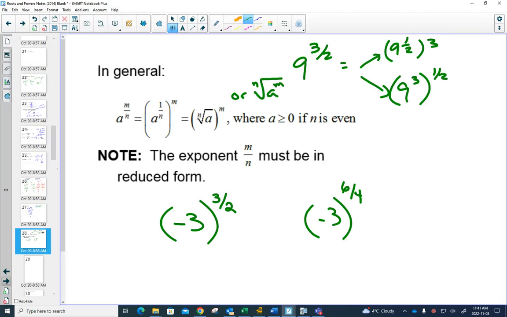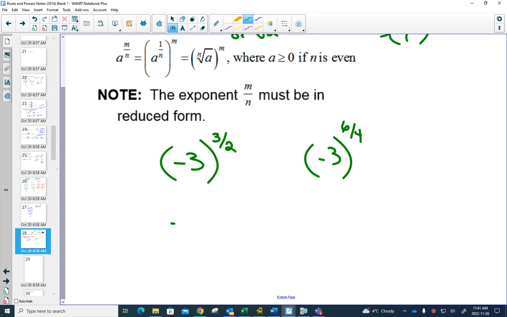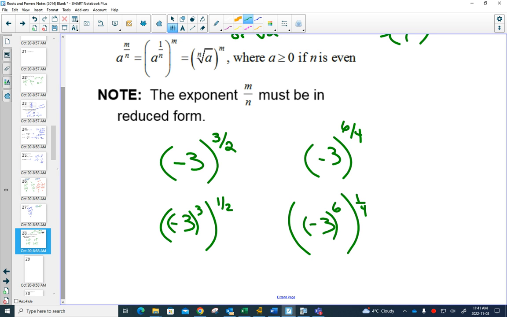Then, if they're the same, would you agree that if I did this, and I did this, lots of brackets, that's the same. That's just my exponent rule, right?